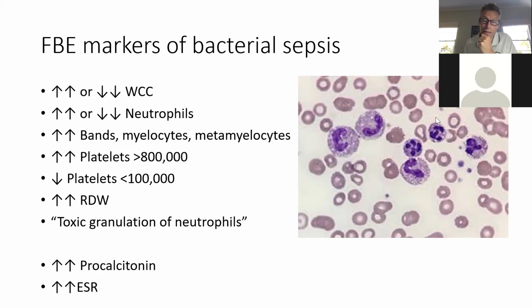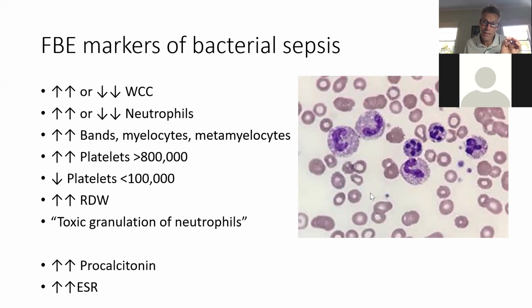And then some laboratories, when they've looked at the blood film, will tell you whether or not the neutrophils look toxic. And you can see these are toxic neutrophils. The neutrophils have a bilobed nucleus, but they also sometimes have lots of granules in them. So you can look under a microscope and see whether or not there's what's called toxic granulation.